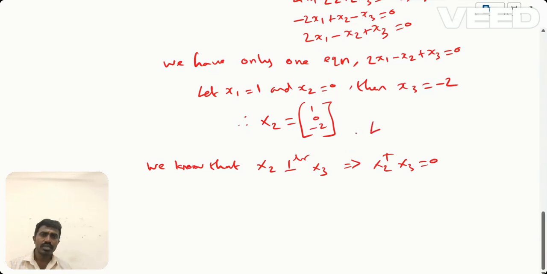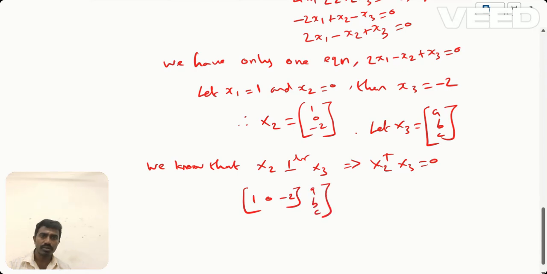Before that, let x3 is ABC. Now find this ABC value using this property. You know x2 is what? 1, 0, minus 2 as a column matrix. x2 transpose is a row matrix. 1, 0, minus 2 into x3 is ABC, which is equal to 0 matrix.